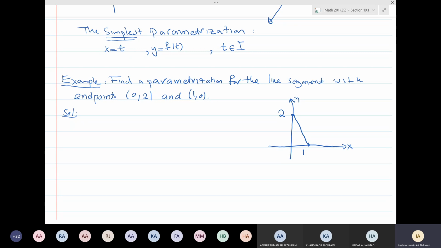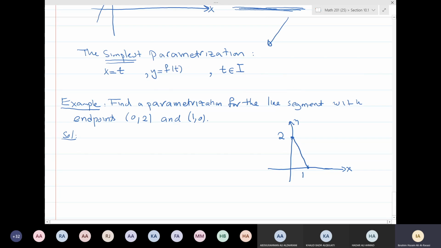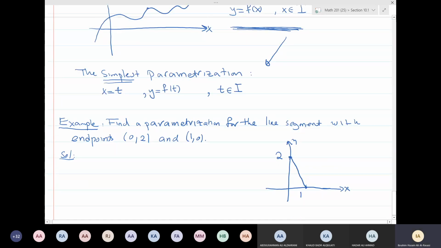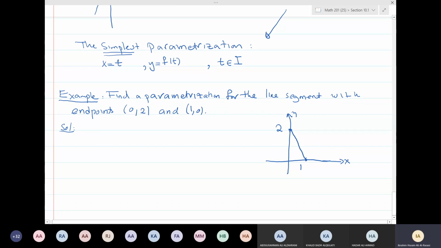Of course, you know one way to parameterize, which is the one given above. This one depends on finding a Cartesian equation. If you know the Cartesian equation, you can parameterize. So for our example, I have to find a Cartesian equation for the line segment.